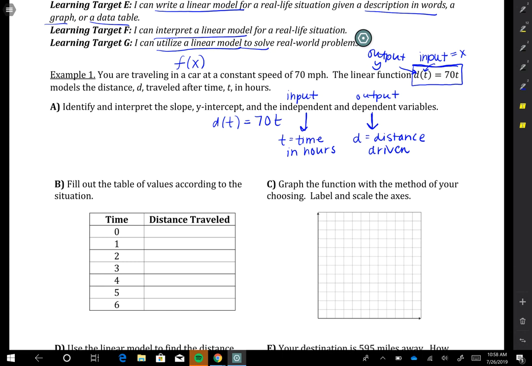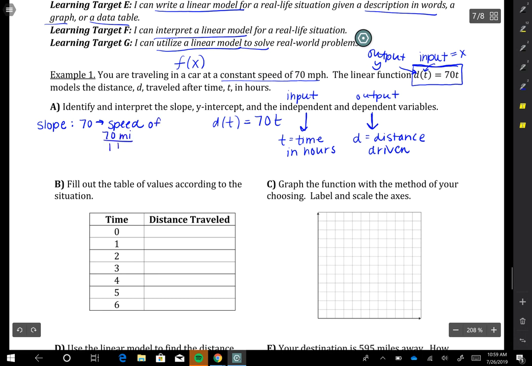Okay, so our slope, remember, is that constant rate of change. And in the problem, it told us that we have a constant speed of 70 miles per hour. So whenever we ask you to interpret the slope, I want you to write it with those units. So the slope is 70, which means that's our speed, or our rate, if you will, of 70 miles per 1 hour.